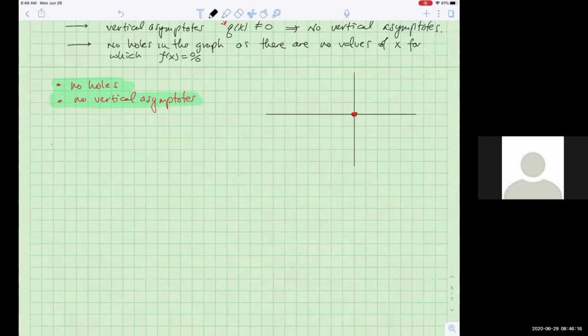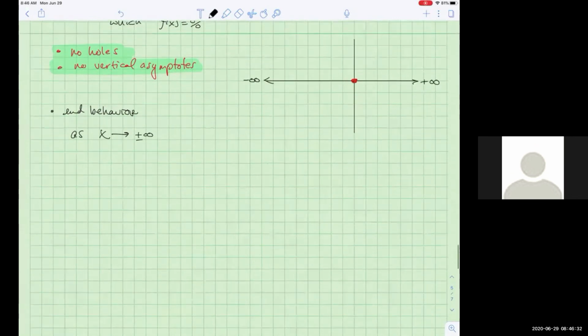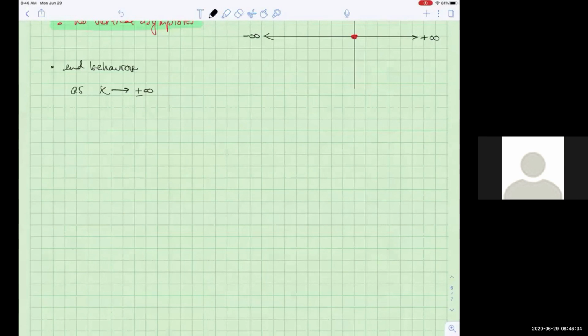Now it's time for us to look at end behavior. So what happens as x approaches plus or minus infinity? What happens on the left and right endmost parts of this curve? Well, we can do some analysis there.